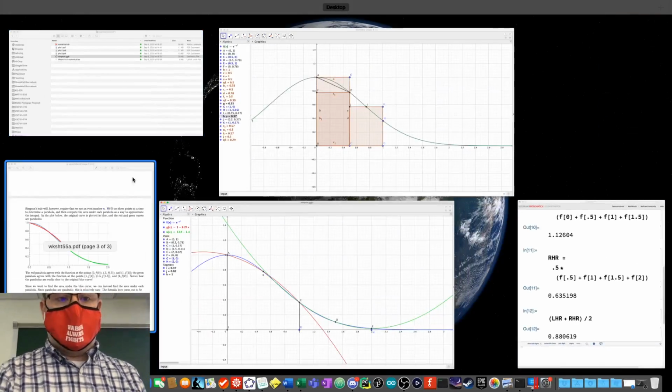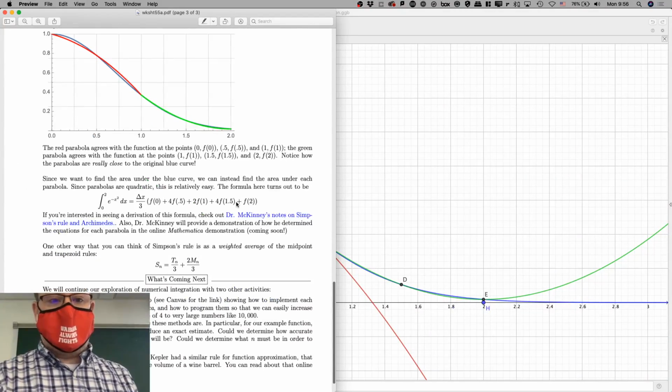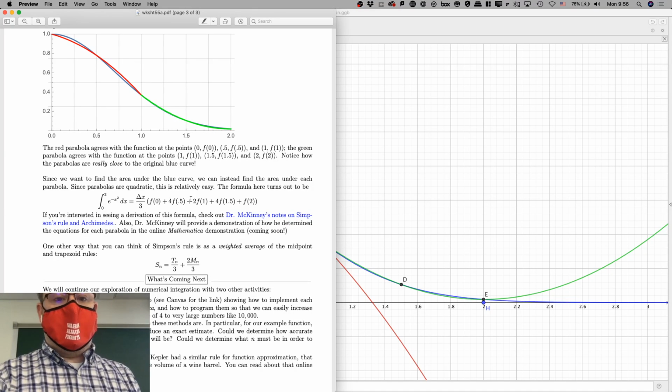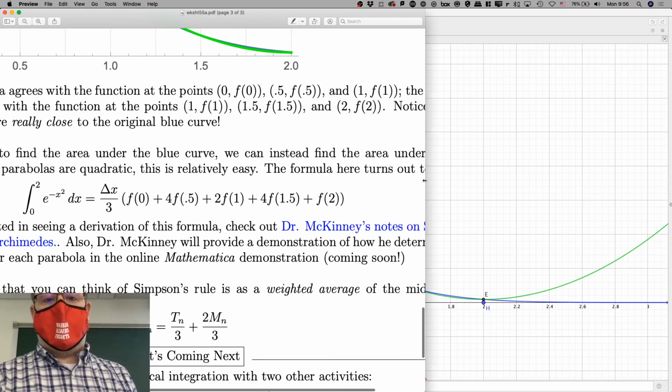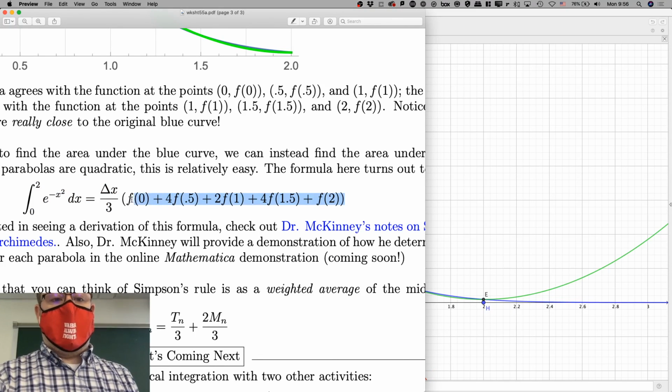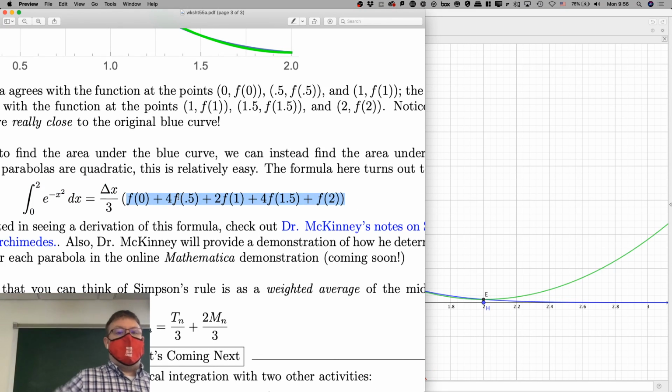And I'll just put this up here, and this is sort of where we'll quit today, it turns out to be this for our example. Okay, it's a really nice pattern. Ones, fours, twos, and then if you've got more points, the fours and the twos will sort of alternate. But yeah, it turns out that it's really easy to compute the area under that thing.